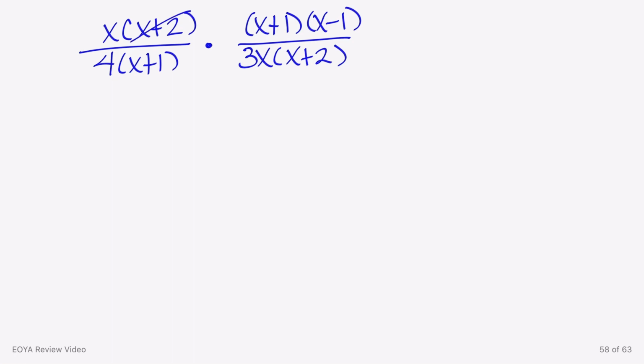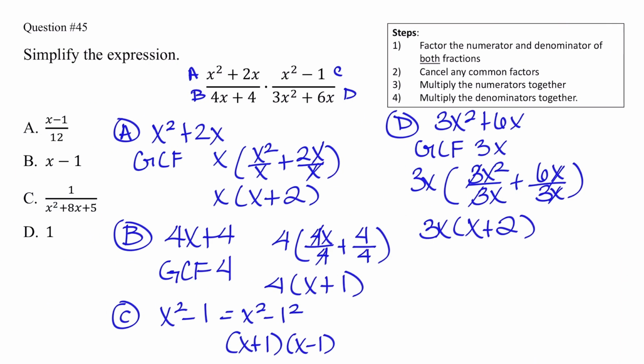Okay, so here we go. X plus 2 cancel. X and x cancel, x plus 1 cancel, and all we have left are x minus 1 in the numerator, and we have 4 in the denominator, right? So we have x minus 1 over 4, and we also have 3. So that is going to be x minus 1 over 12. So we have answer choice A.